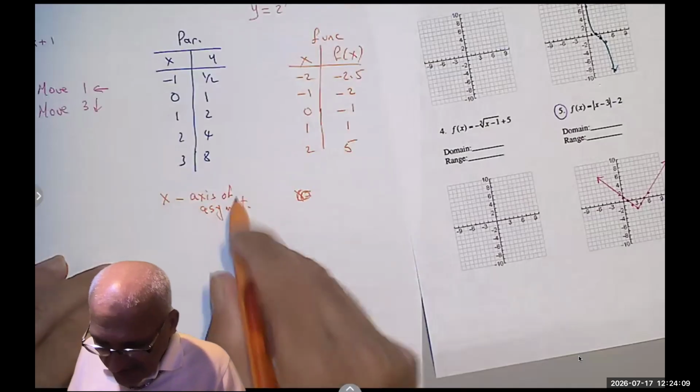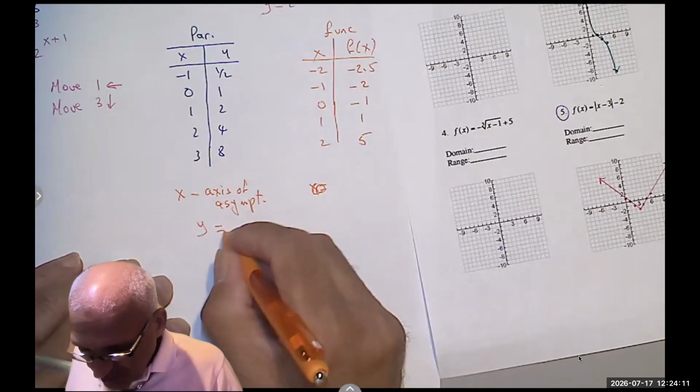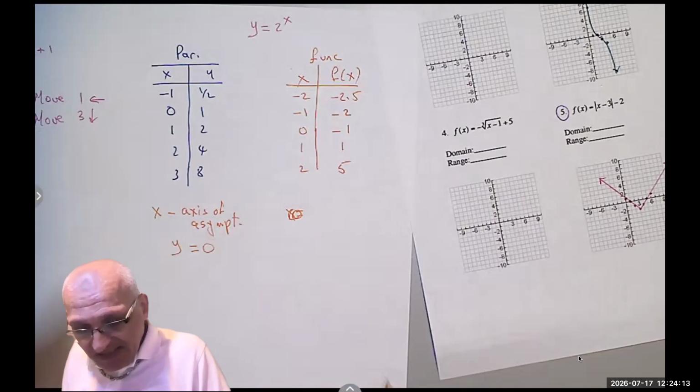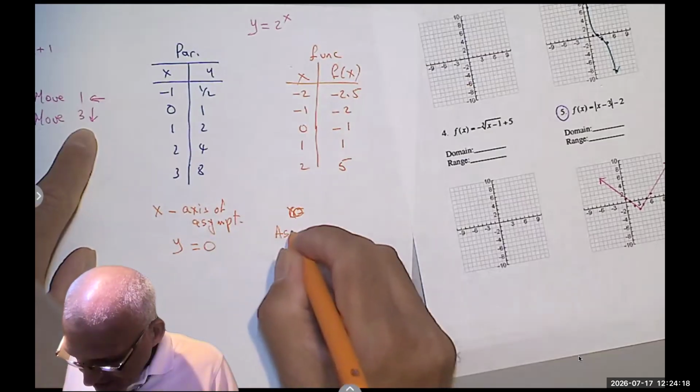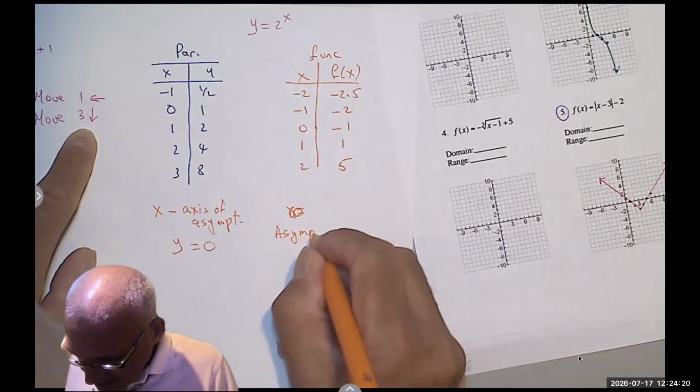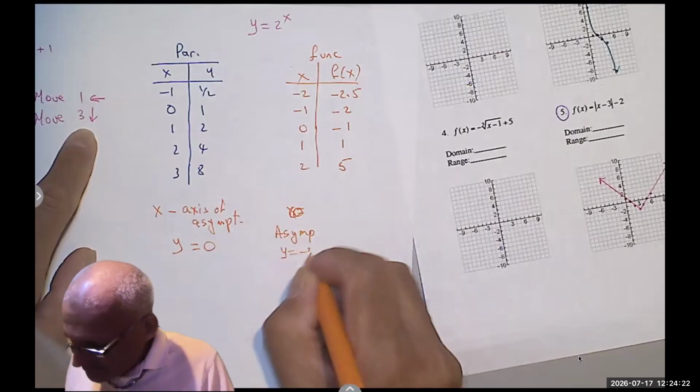When we say the x-axis, I mean y equals 0, right? And here I moved 3 down. So the asymptote here is y equals -3. Here is the -3. So this is the asymptote. And my graph would look something like that.